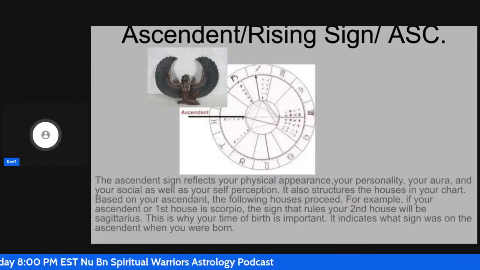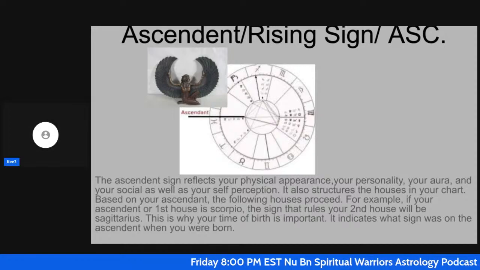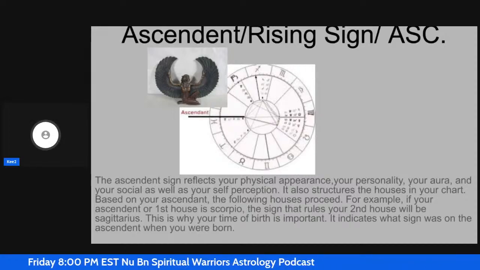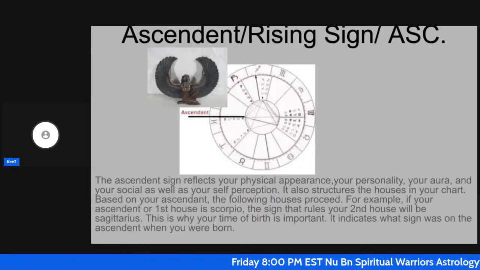As we take a look at the chart or the diagram, you'll see that the ascendant is in Pisces. That's the sign for that first house. After Pisces, then we go to Aries. Aries follows Pisces.